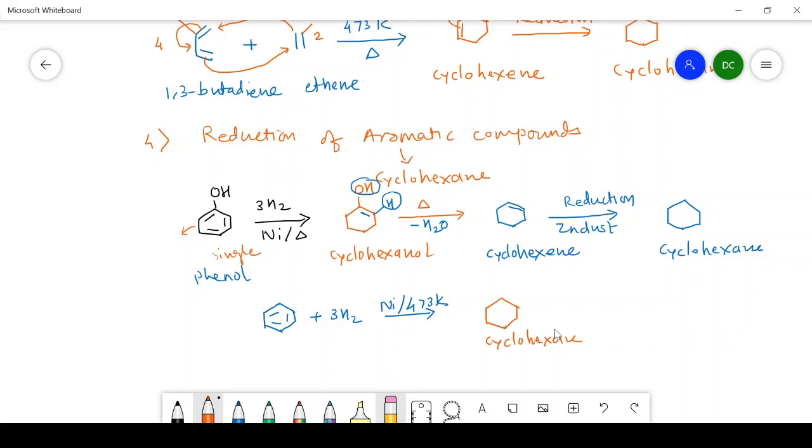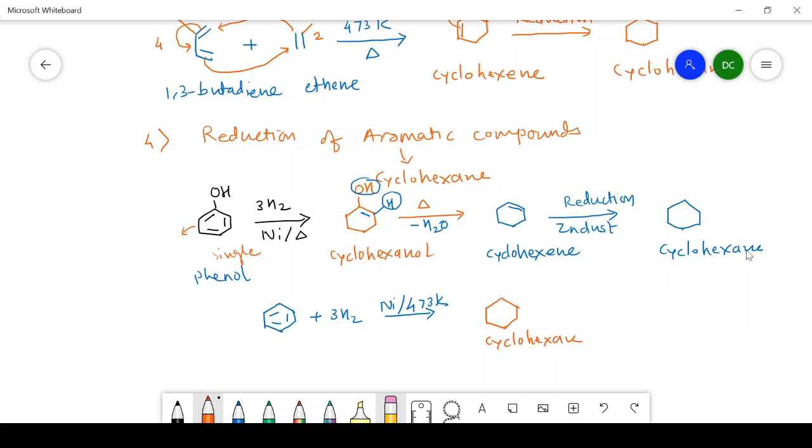So these are the simple methods of formation of cycloalkane. Out of these four methods, one method is specifically used for the preparation of cyclopropane derivatives. Two methods are used for the preparation of cyclohexane derivatives, whereas one method is used for the preparation of various cycloalkane derivatives.